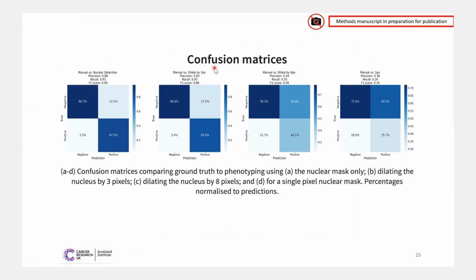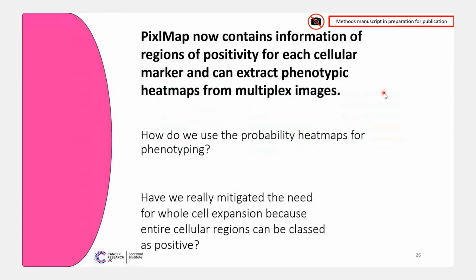You can see the next best was 3 pixels, and the dilate by 8 pixels wasn't very good at all, and what I didn't actually expect, the 1 pixel was the worst. So by doing that, how do we use the probability heat maps for phenotyping? You can do it that way, like I did.